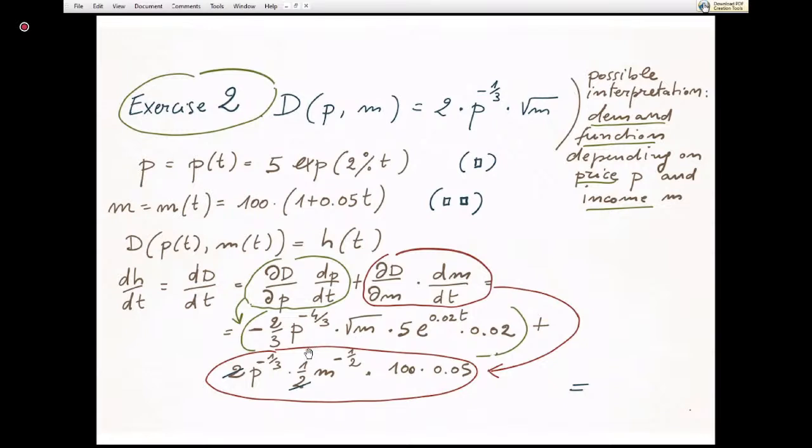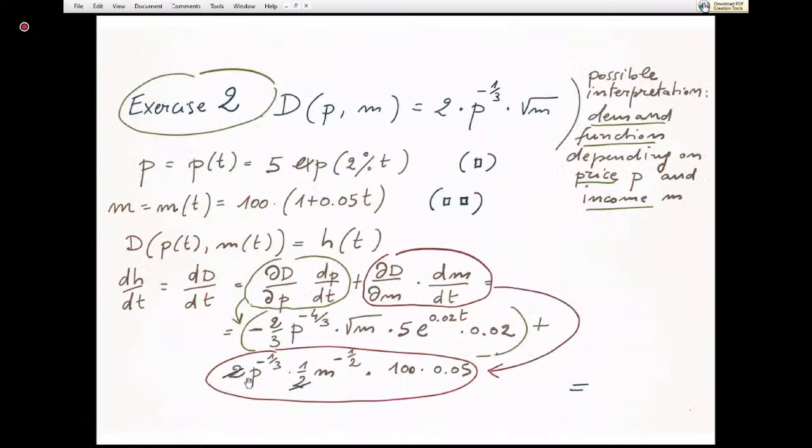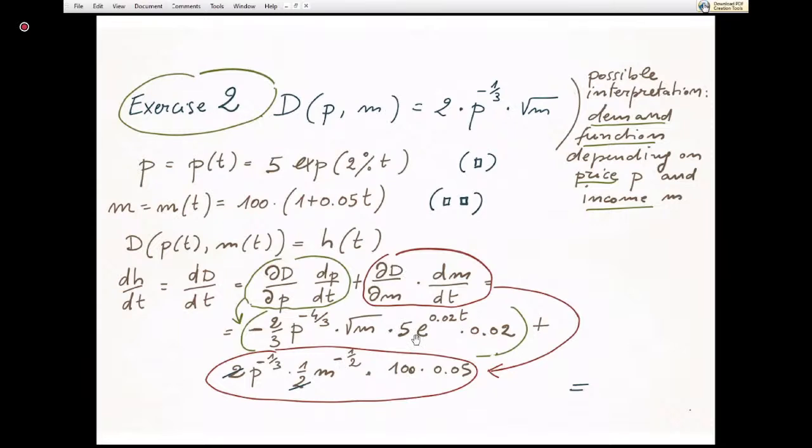Typically, p to the power of minus 1/3 is a common factor here. p to the power of minus 1/3 times, here I have minus 2/3 divided by p, times square root of m, times 0.1, because 0.1 is just 5 times 0.02, okay, 0.1 exponential 0.02t.